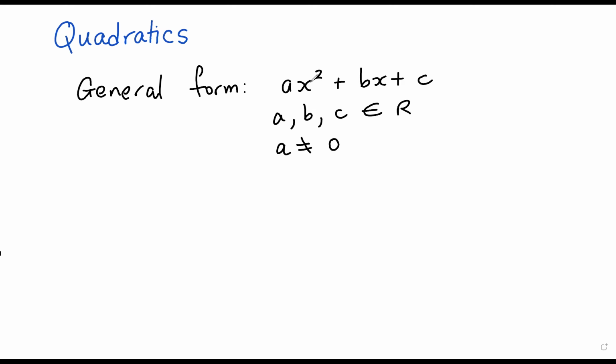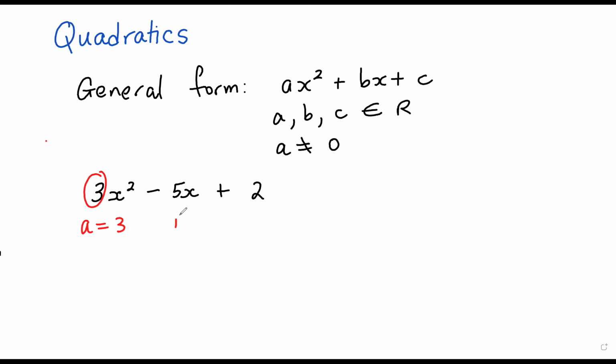So for example, if you have 3x squared minus 5x plus 2, this is a quadratic expression because the highest power of x in this expression is 2. All right, and a is equal to 3. So a is your coefficient of x squared. In this expression, the coefficient of x squared here is 3.